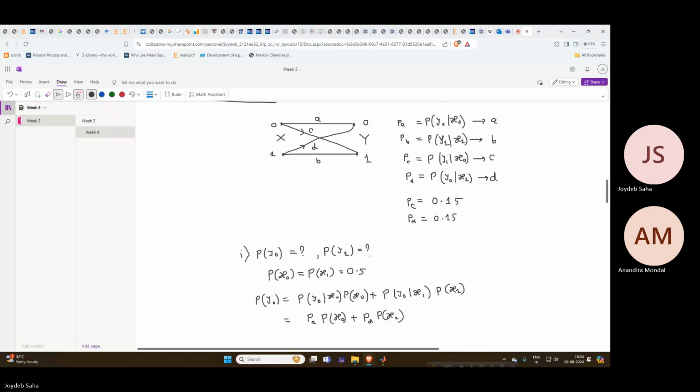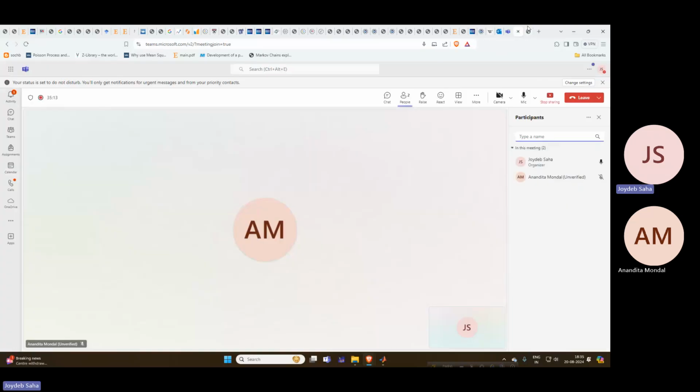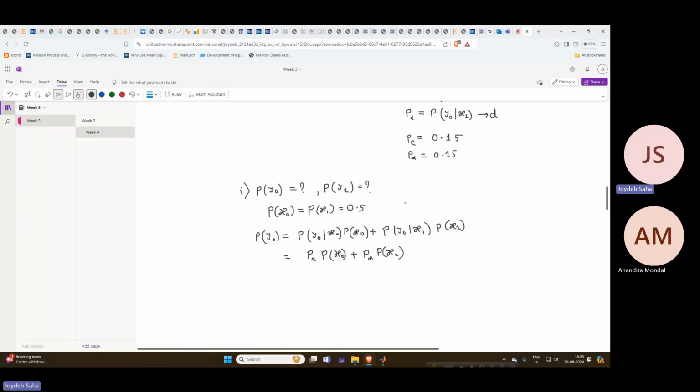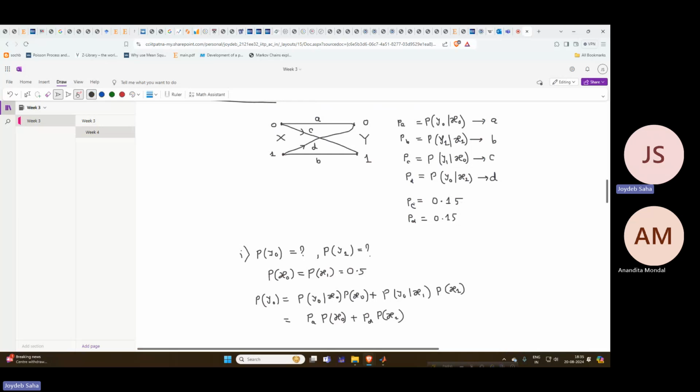Anyone can tell it? Please think 1-2 minutes. If we know PC and PD, how to calculate PA and PB?